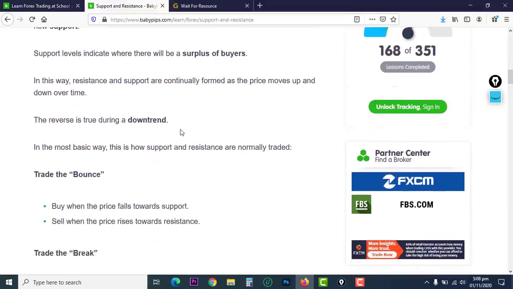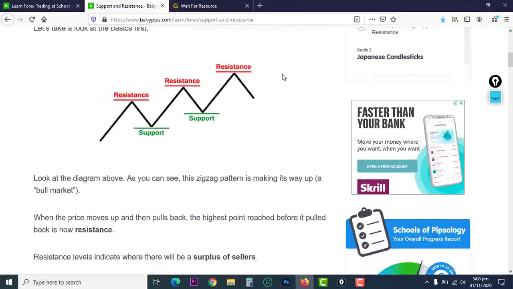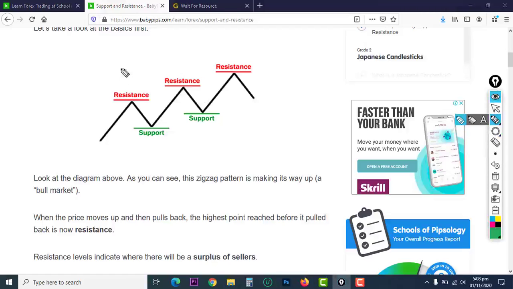If there is a surplus of buyers at a particular level, the price of the market will be rising up. Whereas if there is a surplus of sellers, the price of the market will be reversed. It will be going down like this. That's when there is a surplus of sellers in the market.